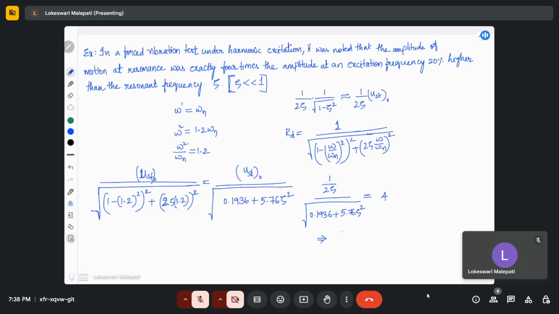So we can do squaring on both sides. 4 zeta square times 0.1936 plus 5.76 zeta square is equal to 16. How much is the zeta square you got?